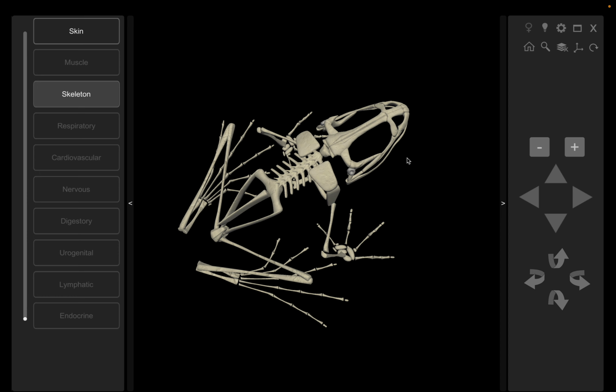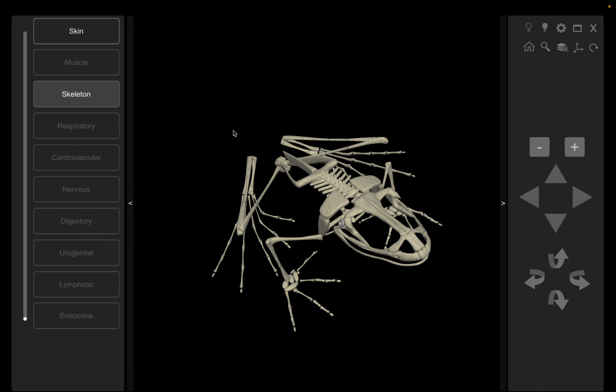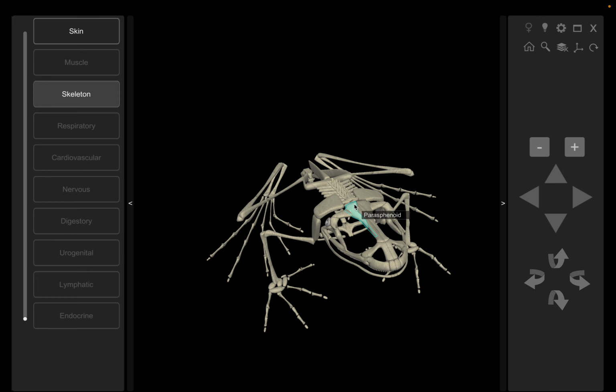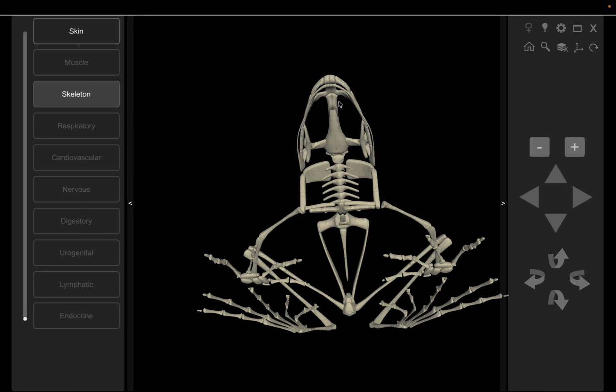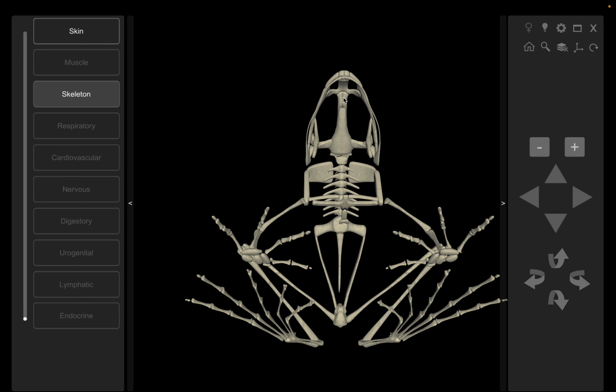Now, let's look into the upper and lower jaw. Actually, before we look into that, let's examine the orientation of the bones at the ventral view. What are we seeing?